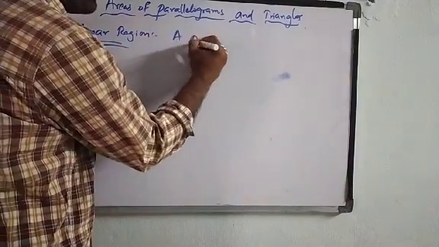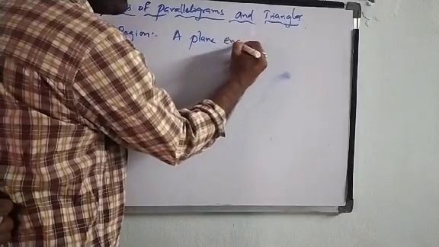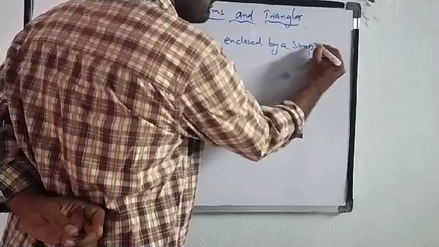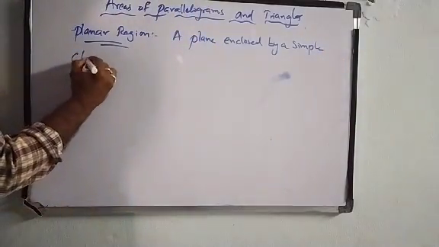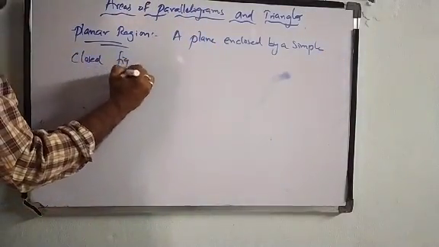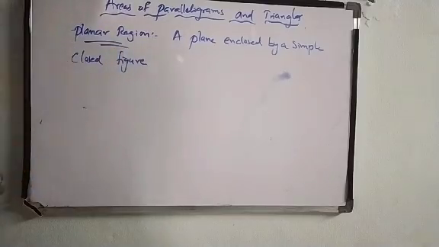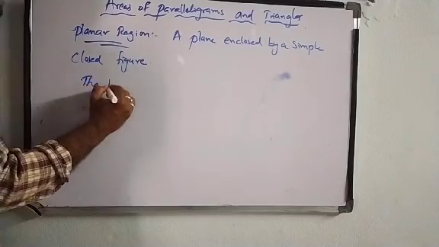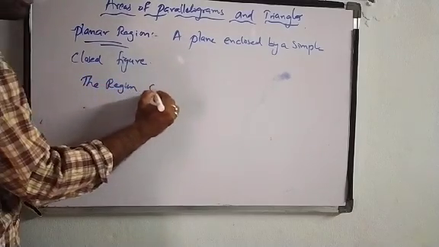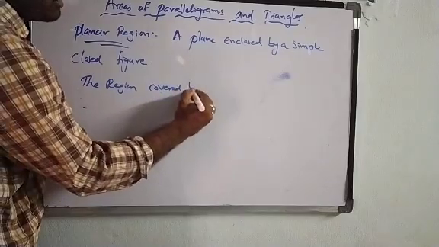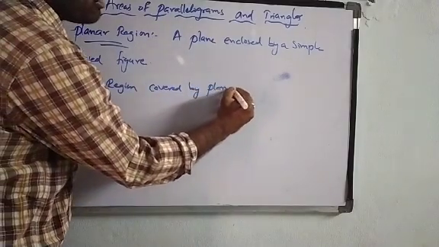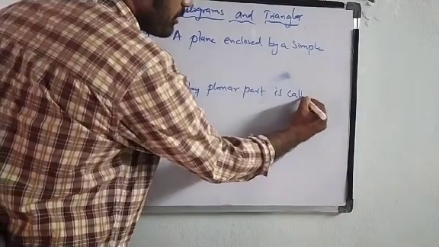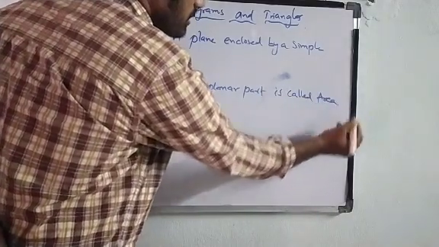A plane enclosed by a simple closed figure, we are going to call it a planar region, and the region covered by the planar part, we are going to call it area. So whatever the shape is, that area we can find.